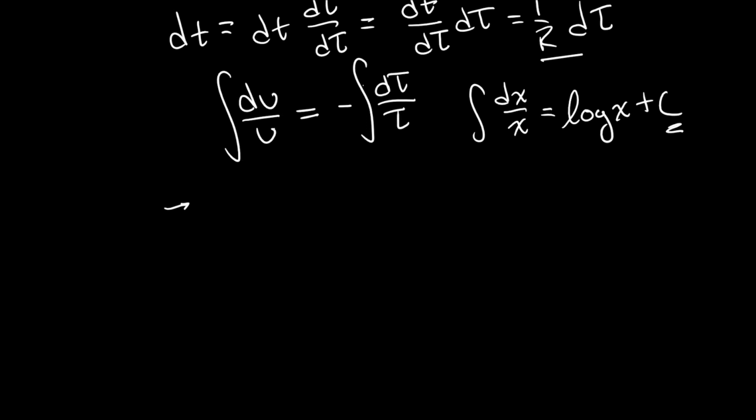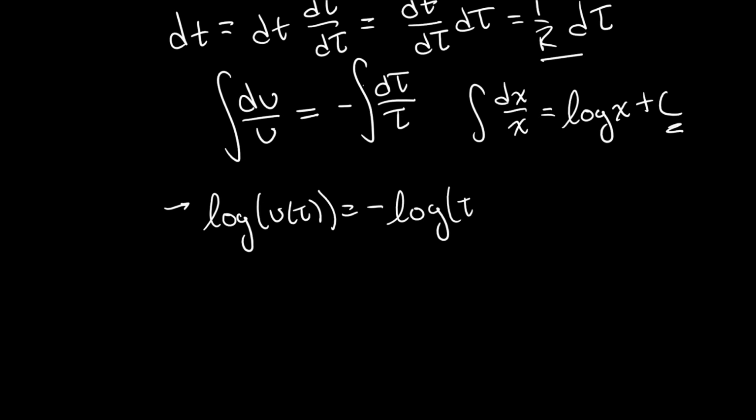So I get something that looks like log of u, and this is some function of tau, is equal to minus log of tau plus c. I can use log rules to rewrite the right-hand side as log of 1 over tau plus c.